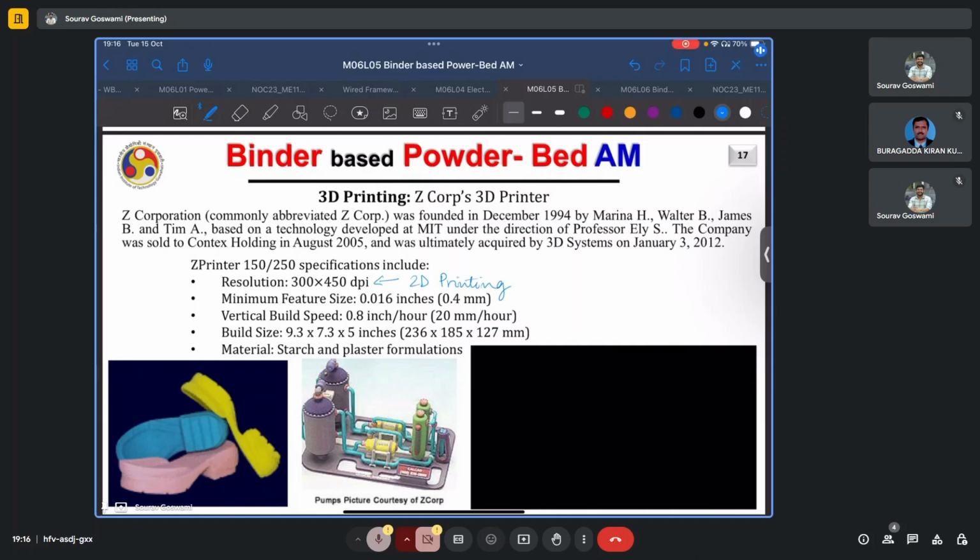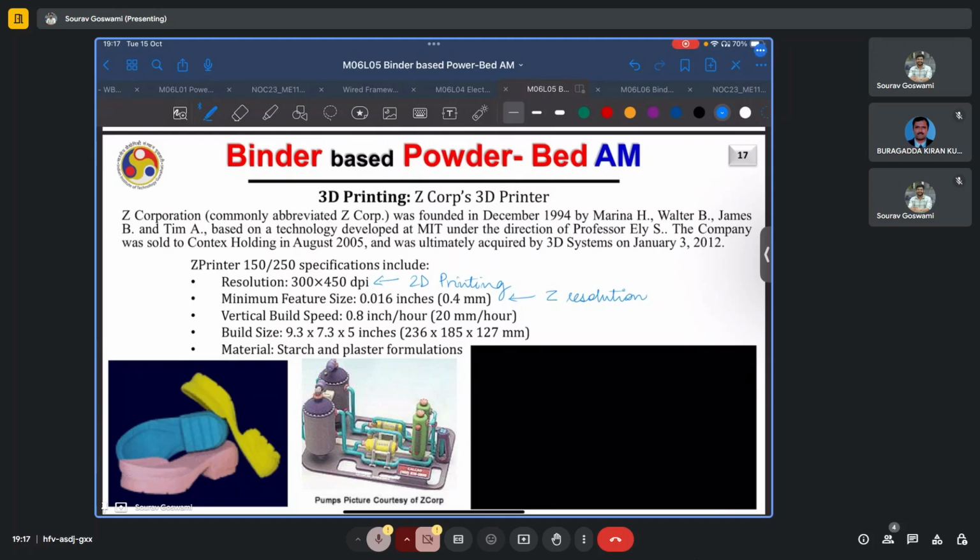The minimum feature size or the Z resolution is 0.4 mm. The vertical build speed is 20 mm per hour. Build size can be up to 236 into 185 into 127 mm. And typical materials that were used were starch and plaster formulations. And we see these colorful objects here.